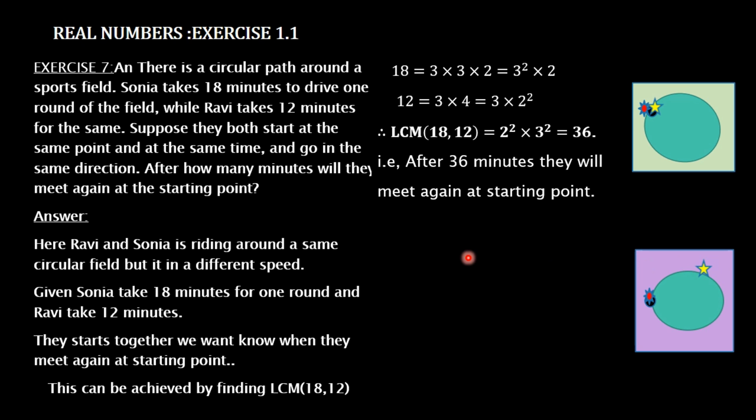Then what will be the position the third time, that is after 36 minutes? Ravi will complete his drive, and Sonia will also complete her drive. That is, we have to find the least common multiple. At that time, both Ravi and Sonia complete their drive.